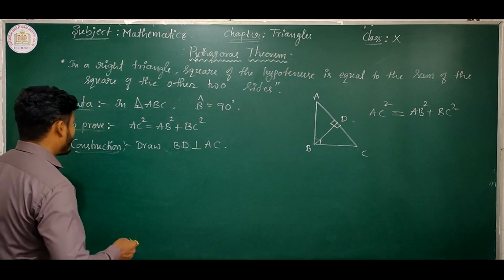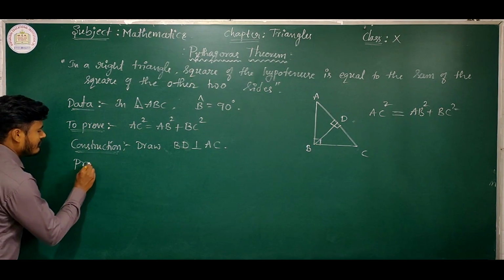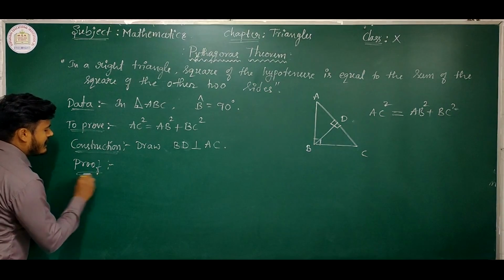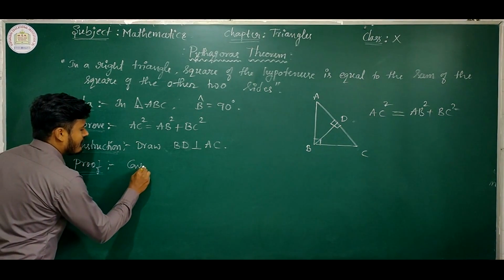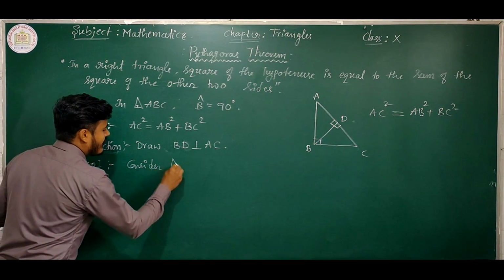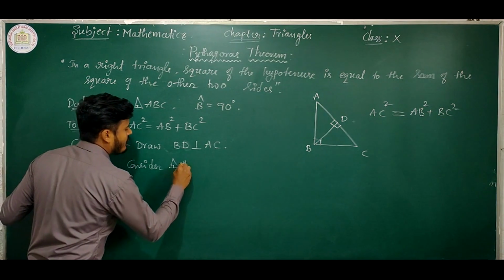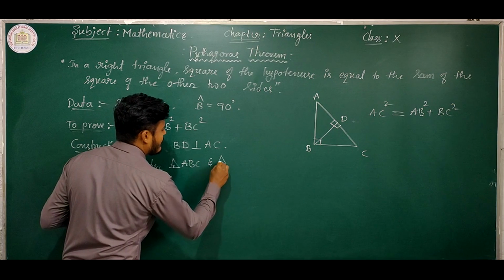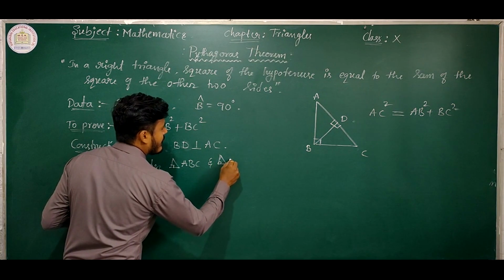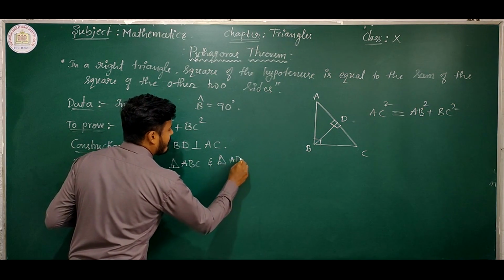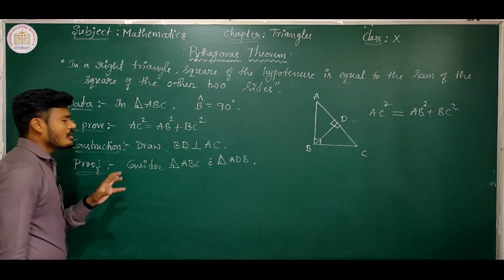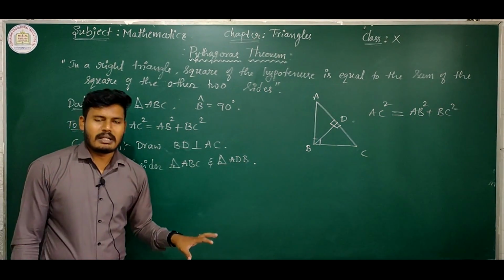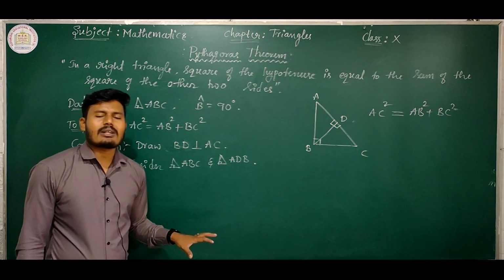So now we are moving on to the proof of this theorem. I already told you, consider right angle triangle ABC and right angle triangle ADB, right? So you should show both the triangles are similar. How can you show these two triangles are similar?